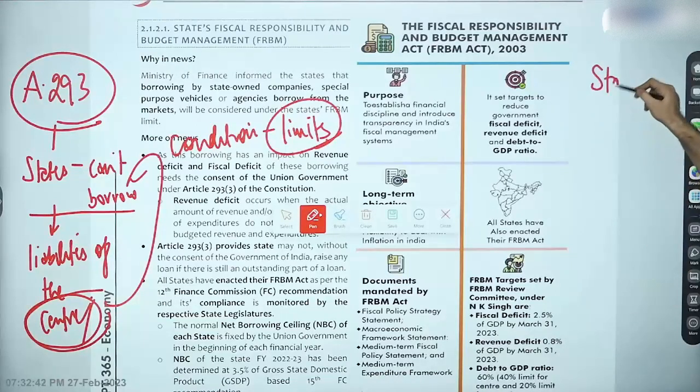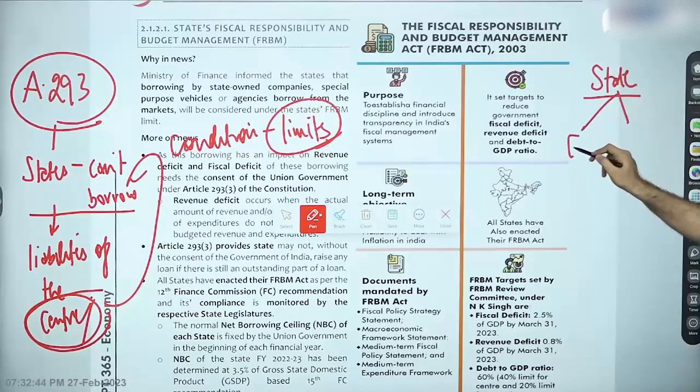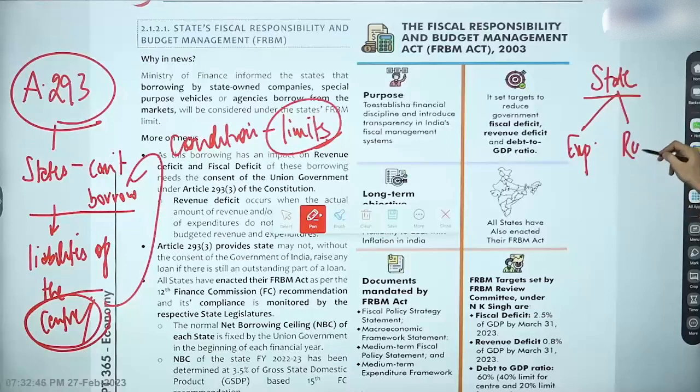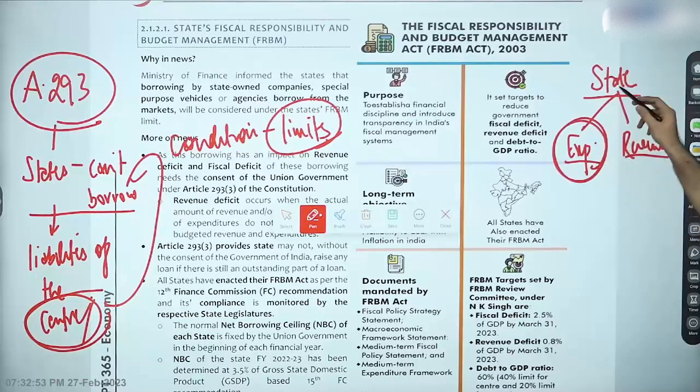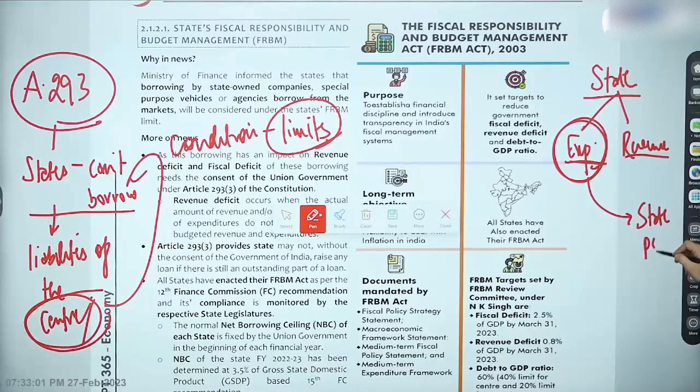Now whenever the state is budgeting its expenditure and revenue, they used to play here on the expenditure. So for example, if the state has to give certain subsidies or do certain expenditure on some of its state PSUs, what they were doing was, they were not giving this money to the state PSU, and instead were asking the state PSU to take a loan from the market.